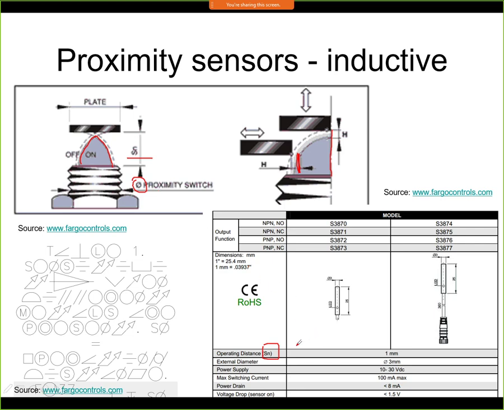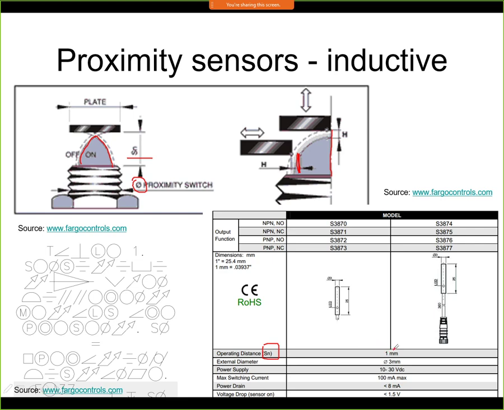So for example, here in this datasheet that you see on the bottom right, you can see that the distance for this particular sensor is 1 millimeter, and the external diameter is 3 millimeters. If, for example, the external diameter would be something like maybe 12 millimeters, then the operating distance that you can expect would be a few millimeters, let's say between 5 and 10 millimeters. So it's definitely nothing like 1 meter, but it's a few millimeters.